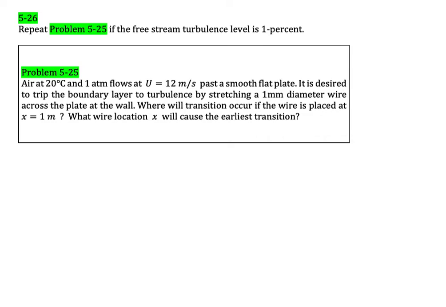So now we try to solve this one. Repeat problem 5.25, if the free stream turbulence level is 1%. It's still the same problem, the flat plate with a velocity of U equal to 12 meters per second, but now the free stream turbulence level is 1%.